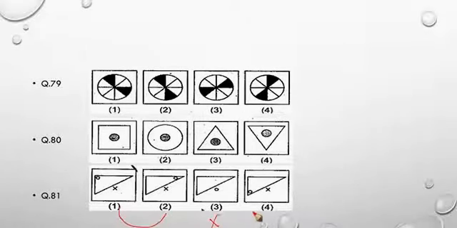Just for the sake of confirmation, let's go to option number 4. We find that the circle is inside in one of the corners and the plus sign is outside. So this is also similar to option 1 and 2. So in this case, option 3 is standing out as the odd man out figure, and this is the answer for question number 81.